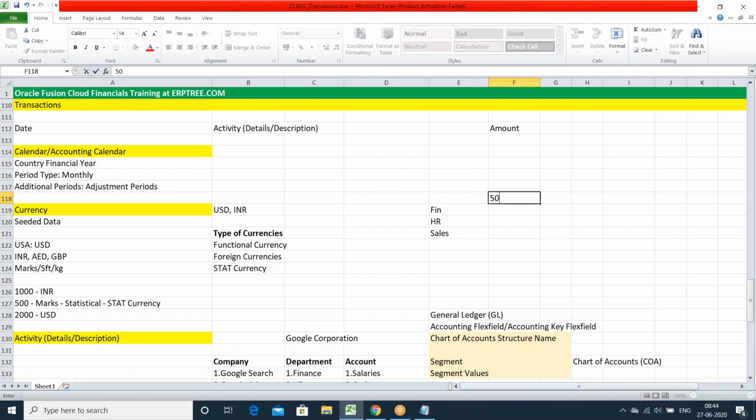I'm paying $50,000 for that building, and within that building, the finance department occupies 1,000 square feet, the HR department occupies 500 square feet, and the sales department occupies 300 square feet. Now we are paying $50,000. I want to know how much rent we are paying for the finance department.